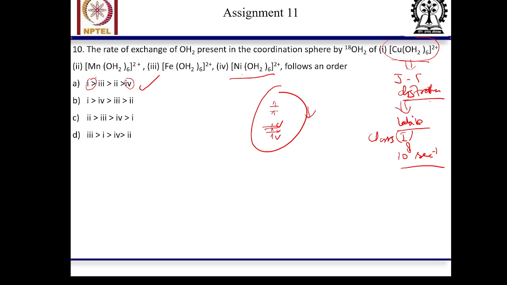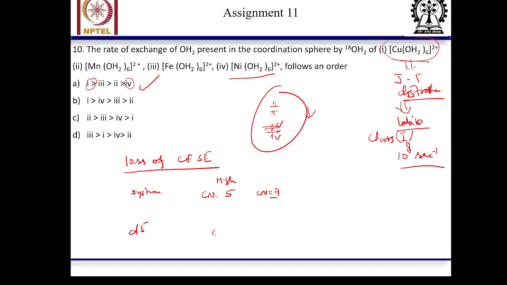In between, if you wanted to know whether Mn and Fe, which one will come, you have to consider the loss of CFSE value. So how will you consider? You have to write the system. You have to write this is the high spin complex. Now if we have coordination number 5 and coordination number 7, what is the loss in CFSE for d5?